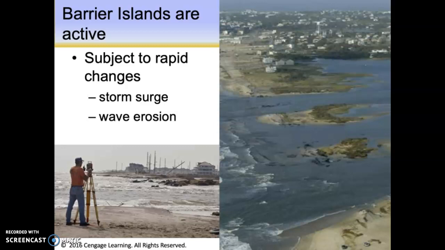And in this case, it created a new inlet, which the state of North Carolina did not want to stay there because it damaged the road and the utilities, and so they actually went back in and filled that inlet back in. But the natural process would potentially keep that inlet open as the tide came in and out.